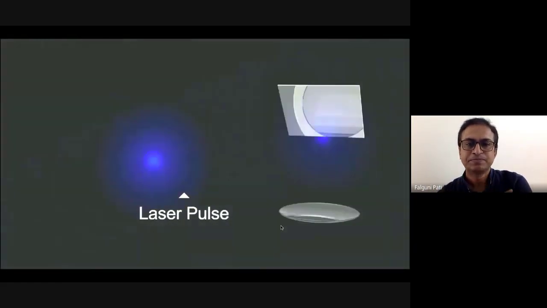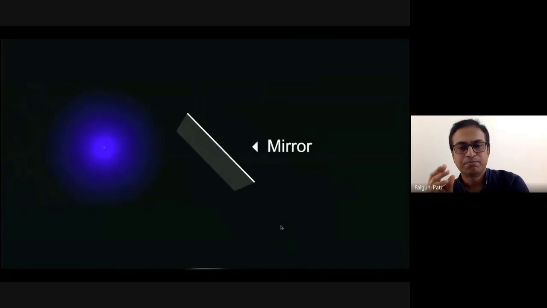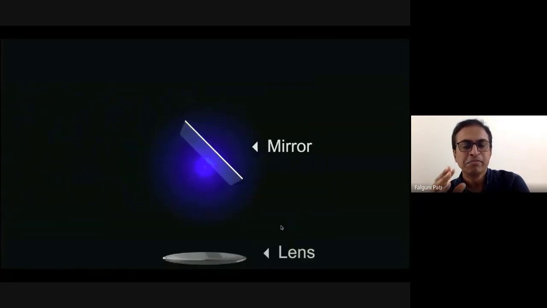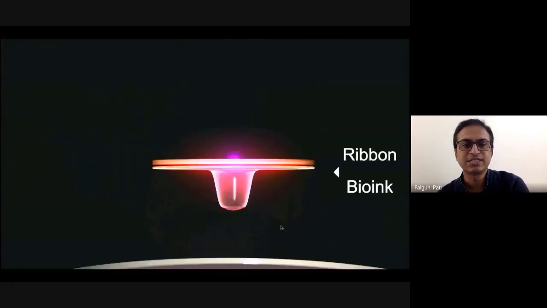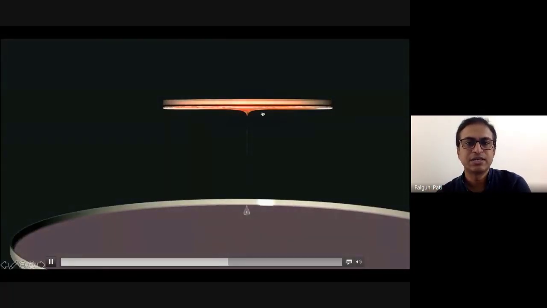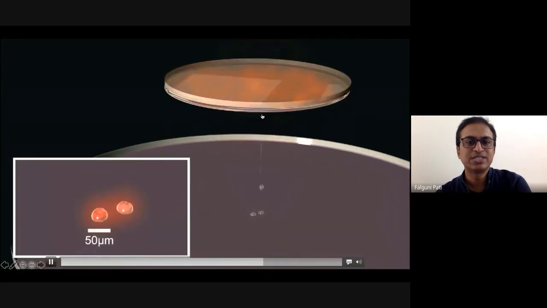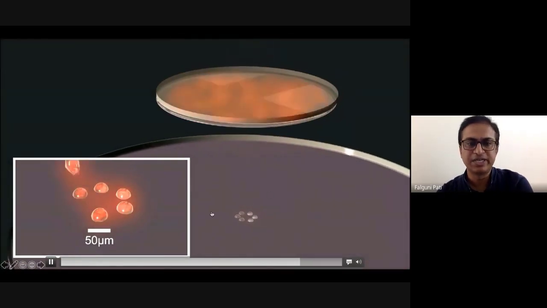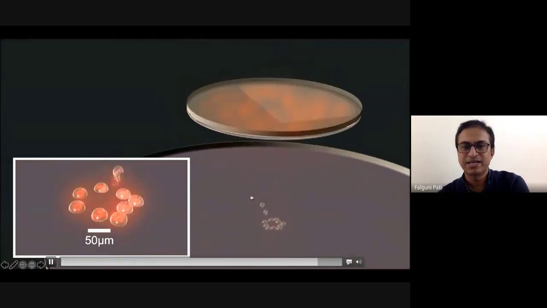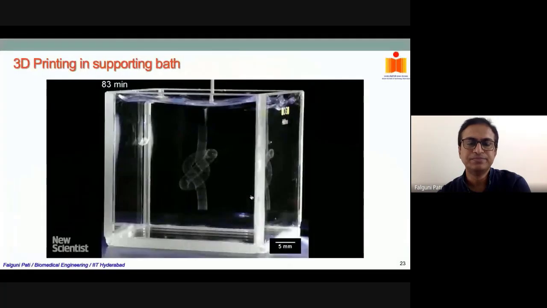The photons pass through, strike the mirrors and get deflected, and through a lens they are focused and strike the ribbon. Whenever it strikes the ribbon, it transfers energy, the gold is heated up, a droplet is formed and printed. In a layer by layer manner, these droplets are generated one after another to create the structure.